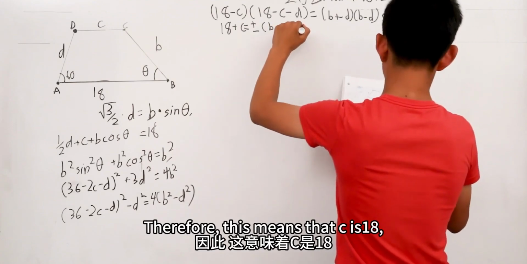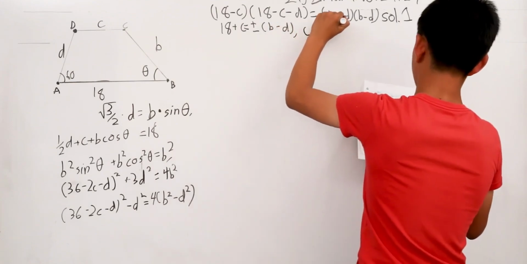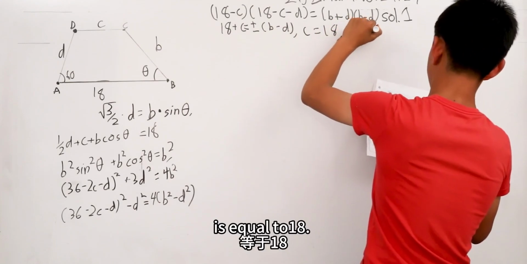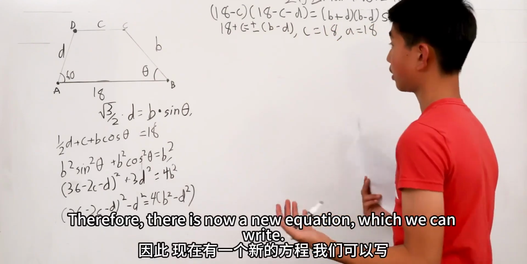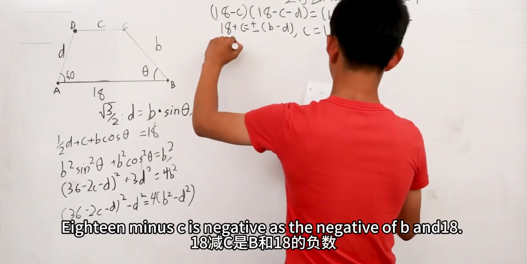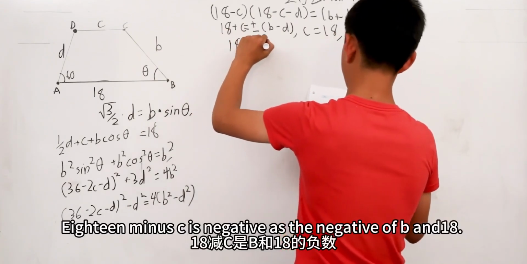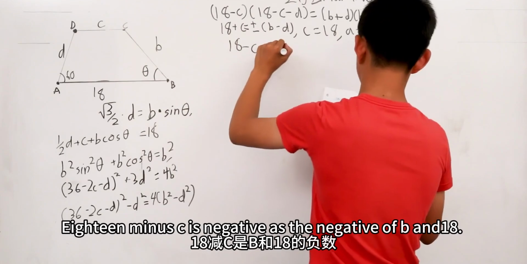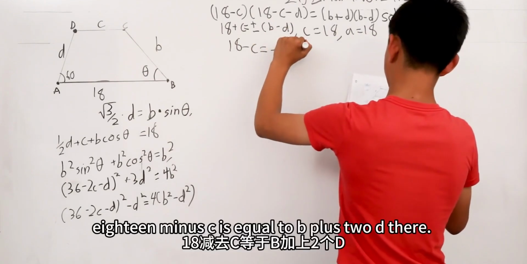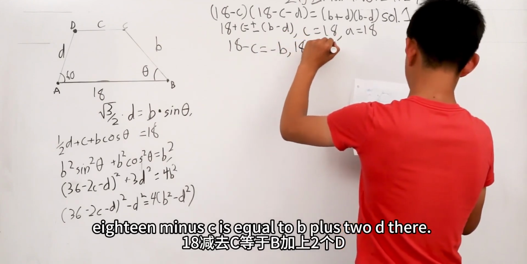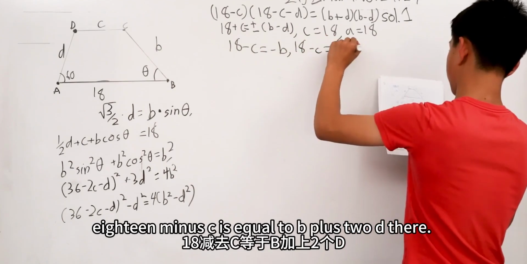Therefore, this means that c is 18 and a is equal to 18. So there is now a new equation which we can write: 18 minus c is the negative of b, and therefore 18 minus c is equal to b plus 2d.